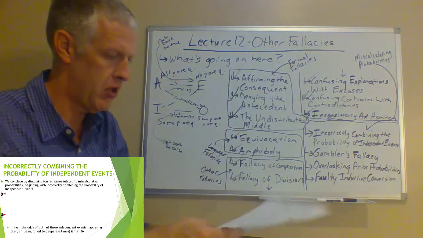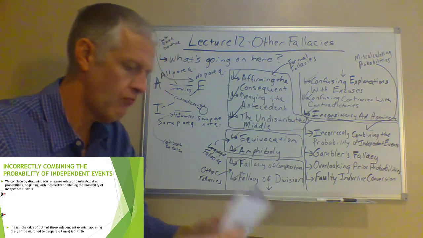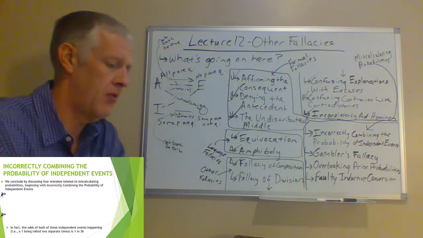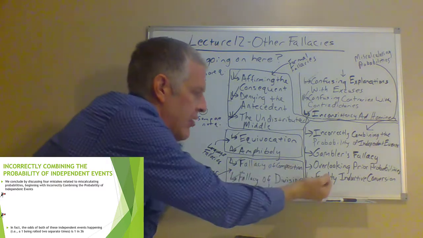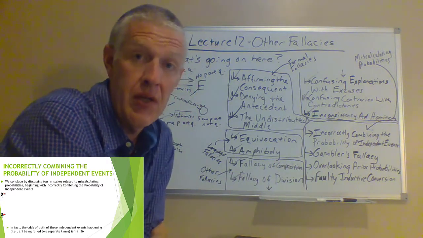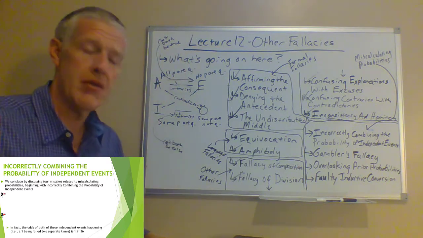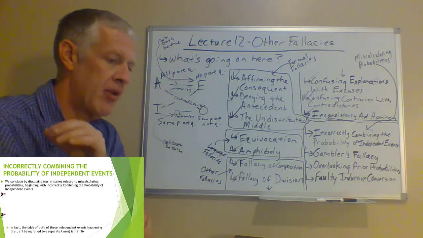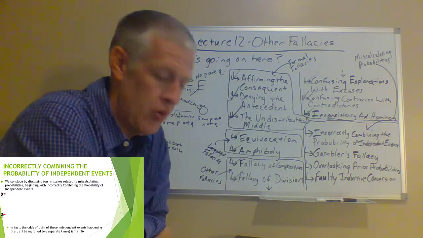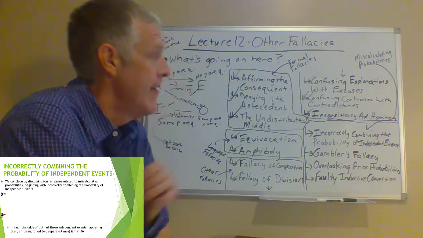Okay? So returning to slide 14, and some of this, especially the last one here, could arguably have been included in the last lecture, lecture 11, when we talked about induction fallacies. But regardless, they included it here in chapter 8, so we'll throw it in with lecture 12 in our discussion of other fallacies.